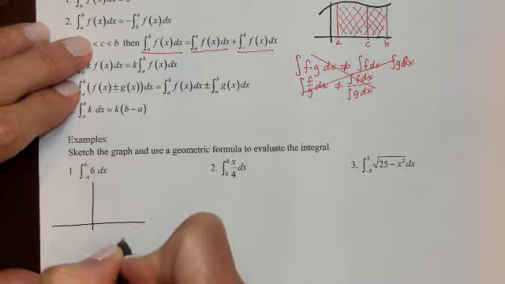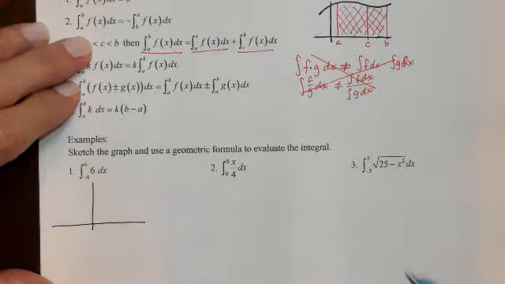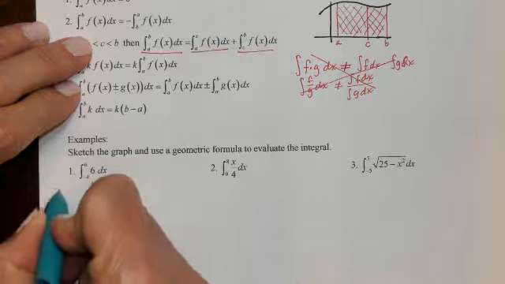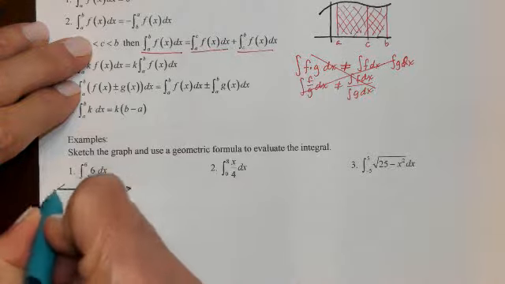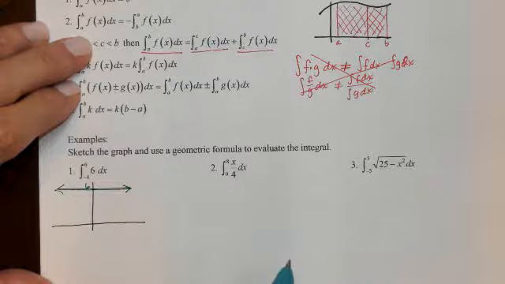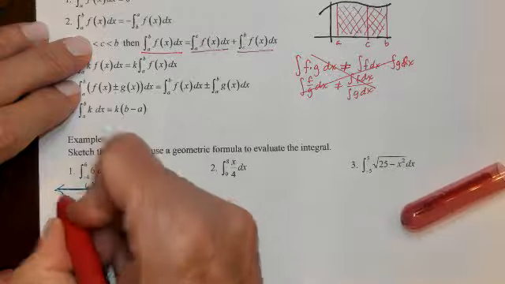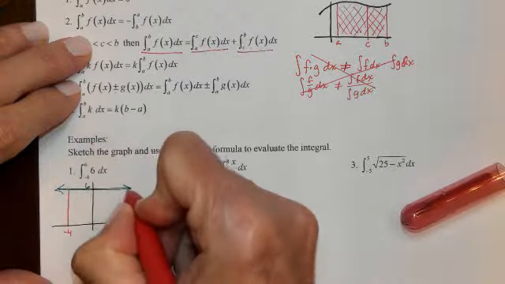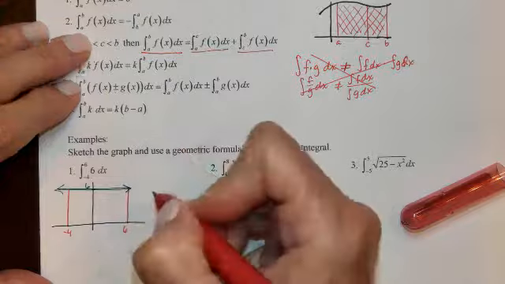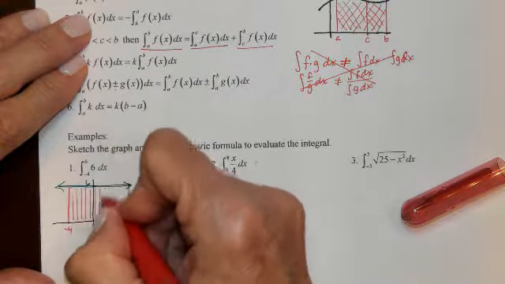Well, it's a horizontal line up at y equals 6. We're going to find the area from x equals -4 to x equals 6. So we want to find this area right here.